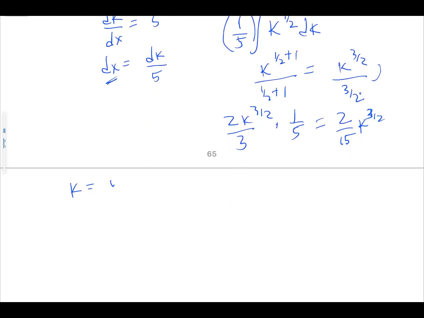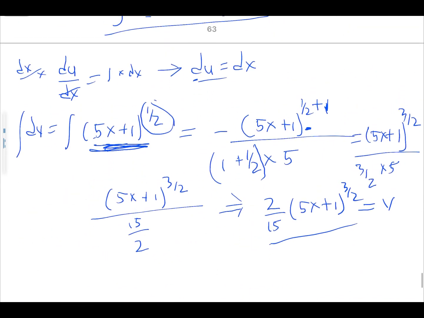But remember that our k is equal to 5x plus 1. Therefore, our answer is 2 over 15 times (5x plus 1) all power 3 on 2. So this is the same as when you use the substitution.